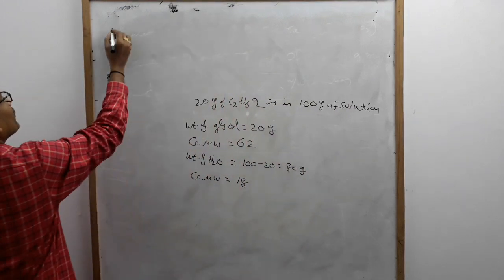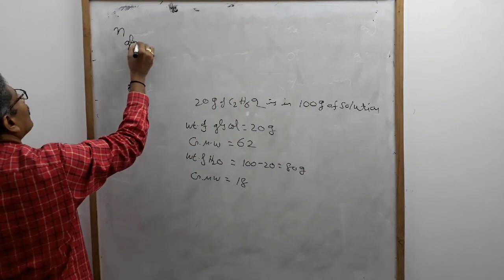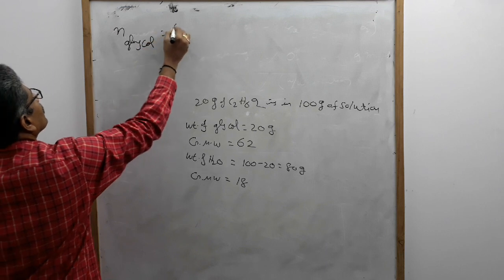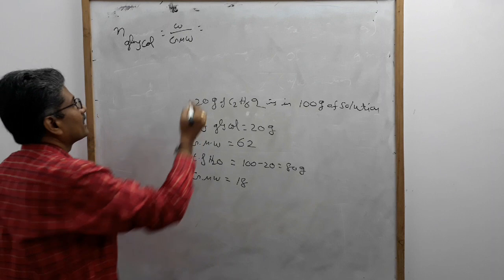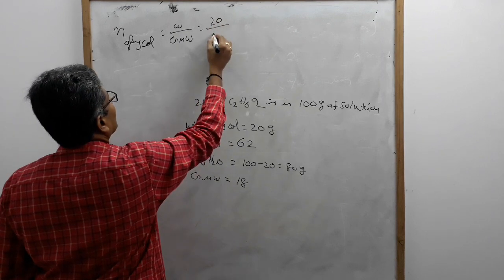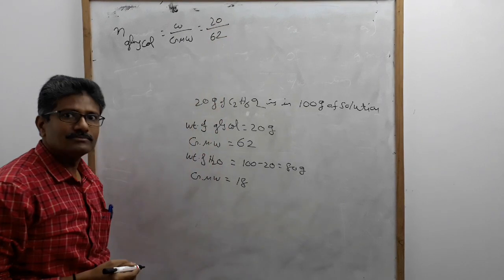Number of moles of glycol is equal to weight of glycol by gram molecular weight. Weight of glycol is 20, gram molecular weight is 62.